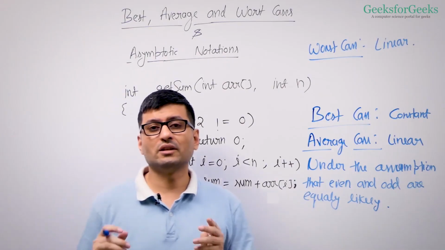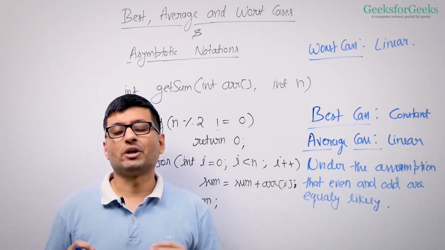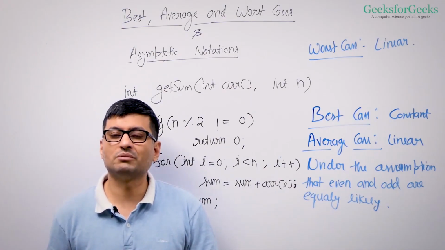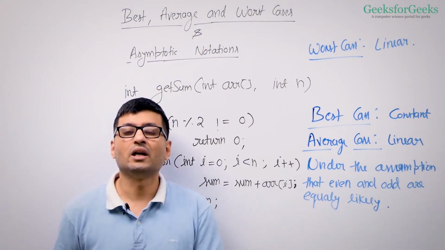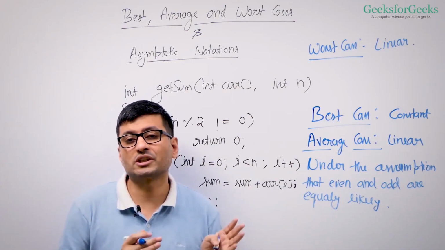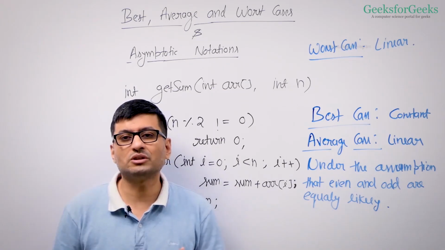Worst case is something which we do most of the time. We try to find out what is the case for which our algorithm is going to take maximum time, and we find that time and say that worst case time complexity of this algorithm is so and so.